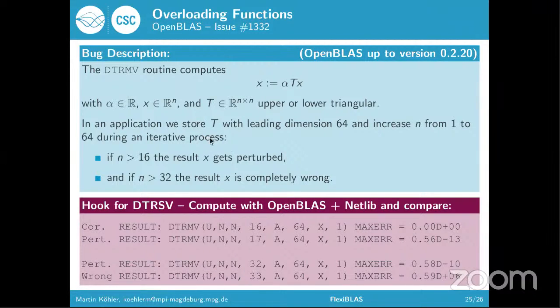The fourth argument is the size argument, and then the leading dimension argument. We see that beginning with 17 we have some error inside. With 32 the error is still there and already recognizable, and with 33 as dimension we have a completely wrong result.